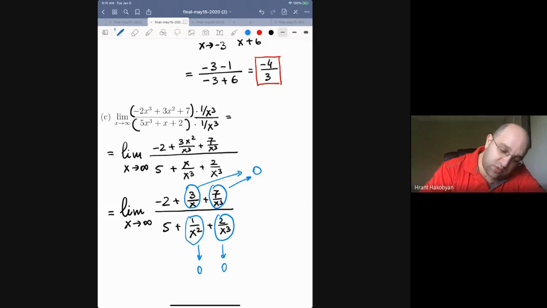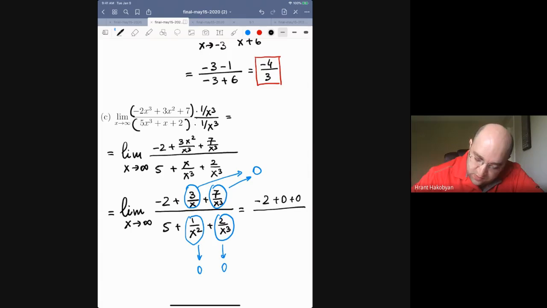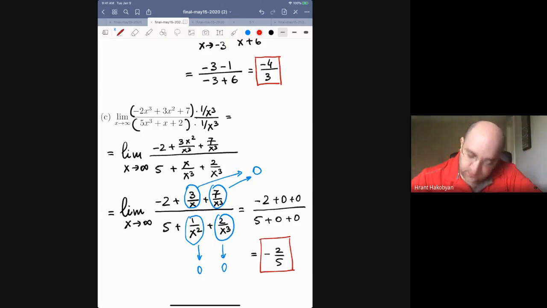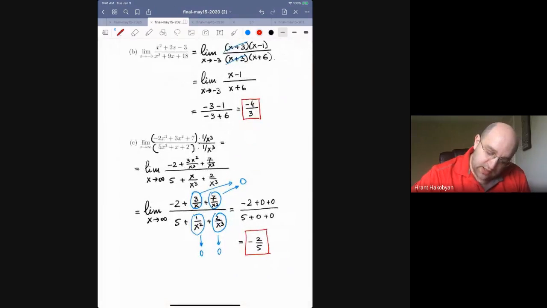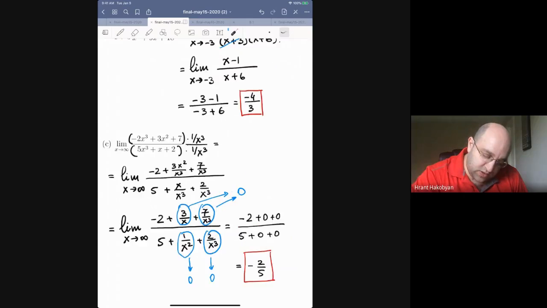So that means my answer is going to be negative 2 plus 0 plus 0 divided by 5 plus 0 plus 0. So your answer is negative 2/5. So again, it's just the ratio of the leading coefficients.